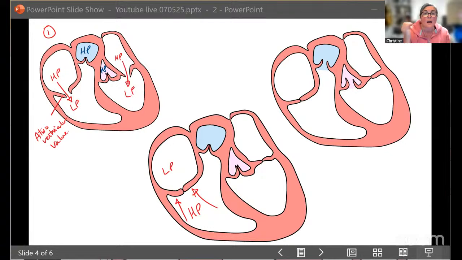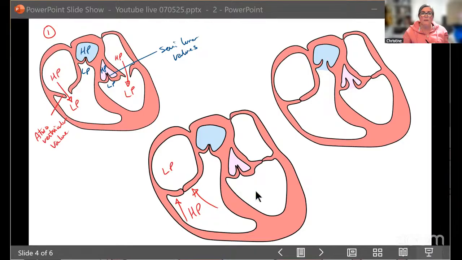So higher pressure in the atria, lower pressure in the ventricle. When the semilunar valves are closed, that's because there is a higher pressure in the artery than in the ventricle. These are my semilunar valves.